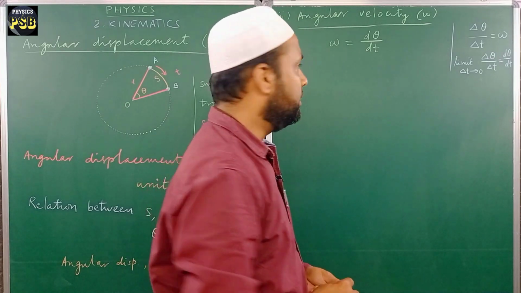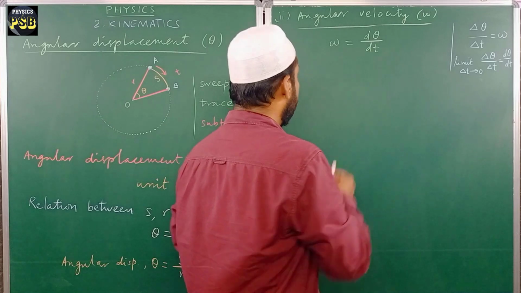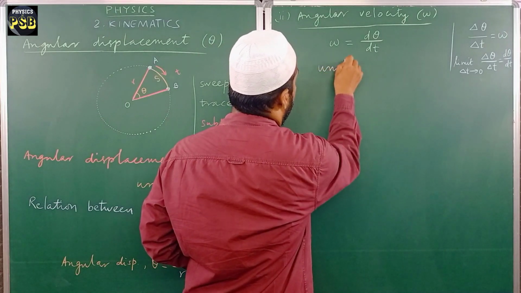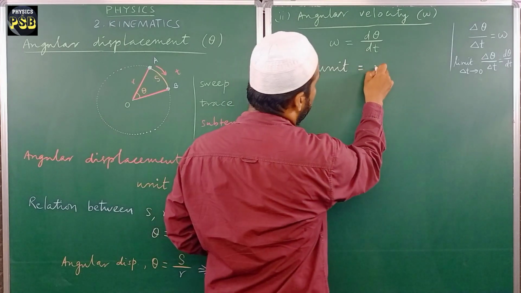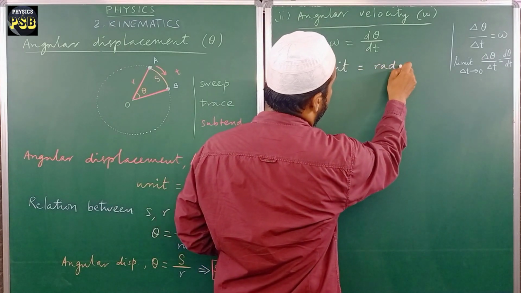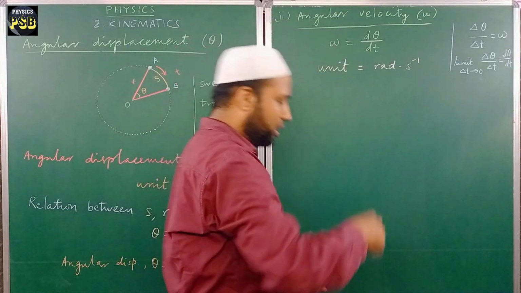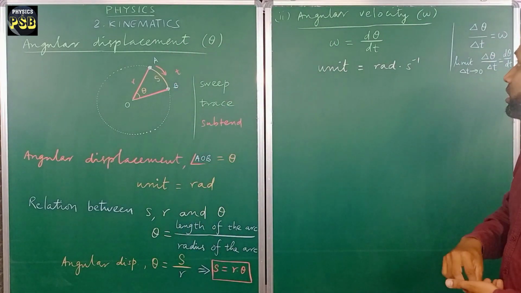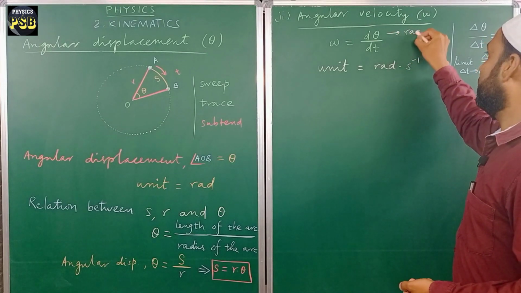Angular velocity is measured using the unit radian per second. How do we get this unit? Let me explain this to you. Here, angular displacement is measured in a radian.